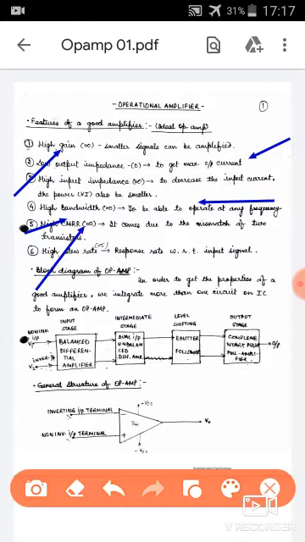It is basically a measure of mismatch of two transistors, and it is defined by the ratio of differential mode gain to the common mode gain. It should be high. And the last characteristic is high slew rate. Slew rate is basically the rate of change of output voltage with respect to time. It must be high for any amplifier.